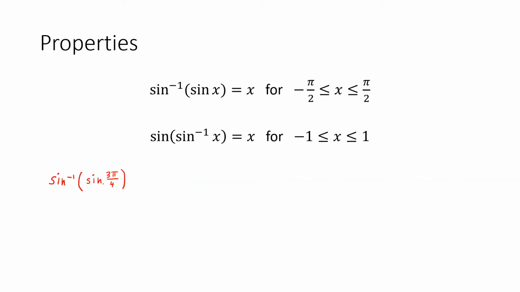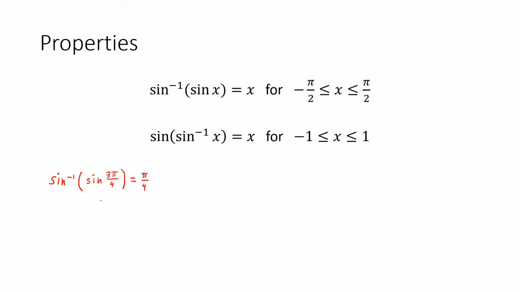In this case, 3 pi over 4 is actually bigger than pi over 2, so it's not in that range between negative pi over 2 and positive pi over 2. In other words, what we're really looking for is an angle that has the same sine value as 3 pi over 4, but which lies in the first or the fourth quadrant. And in this case, it would be pi over 4.